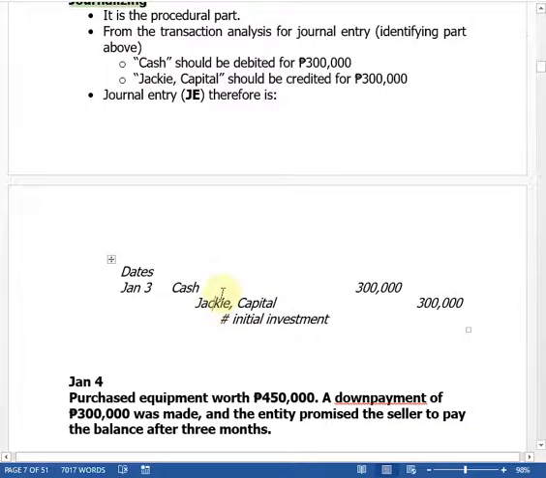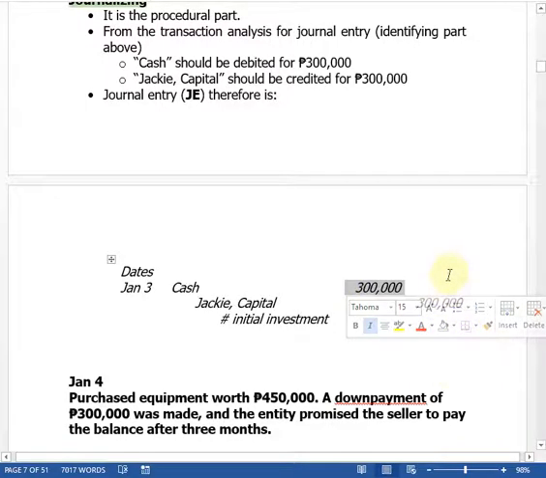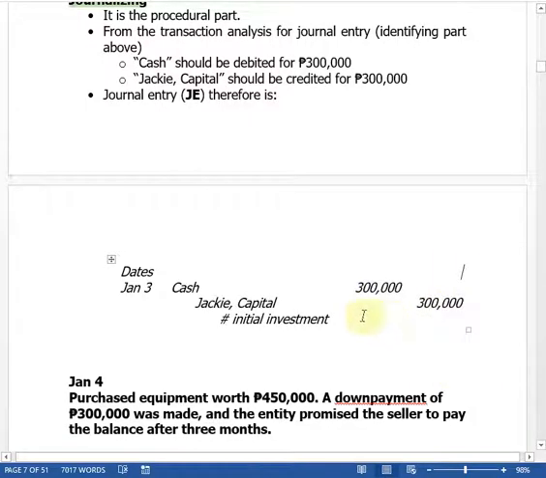So meaning, in an entry, there must be at least one debit and at least one credit. You can have two debits or three debits and one credit. You can have one debit, two credits, or three credits. That is entirely fine, for as long as the total of the debits and the total of the credits are the same.